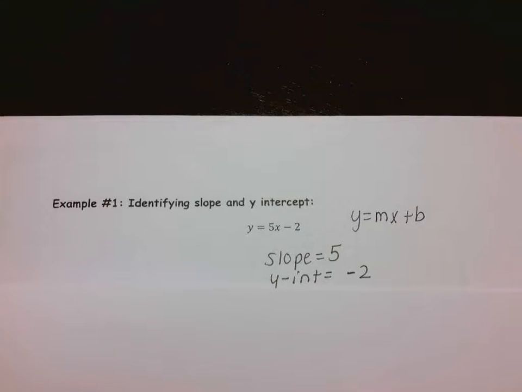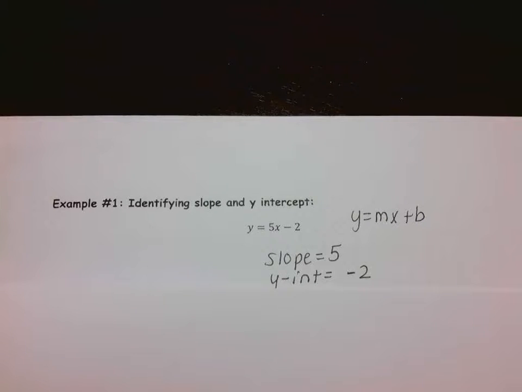So now we're going to look at an equation and we are going to identify, well, what's the slope and what's the y-intercept. So when the equation is in y equals mx plus b form, the slope is always the coefficient of x and the y-intercept is always the constant. So here my slope is 5 and my y-intercept is -2.